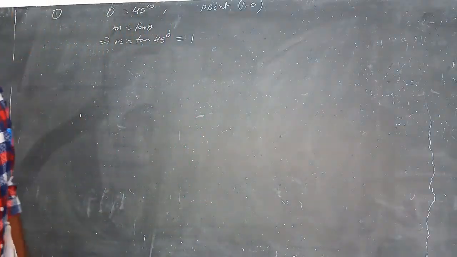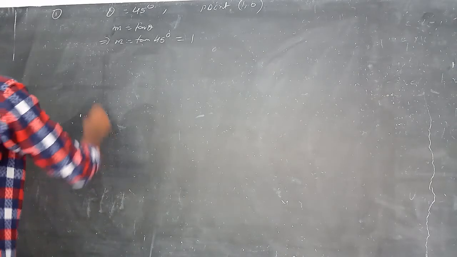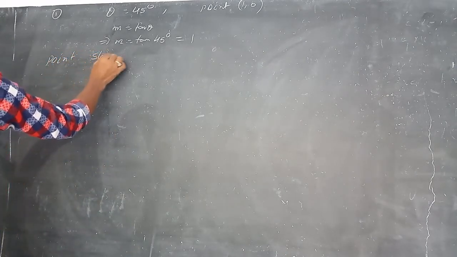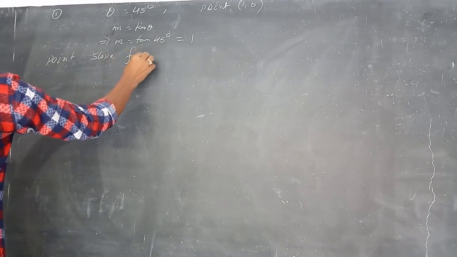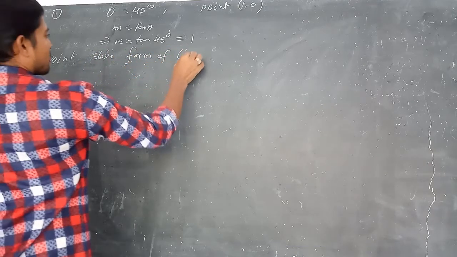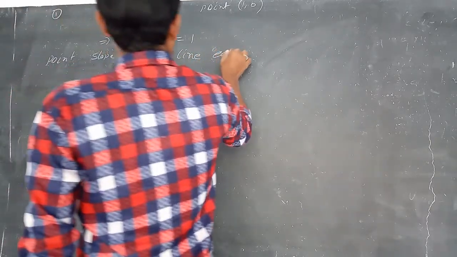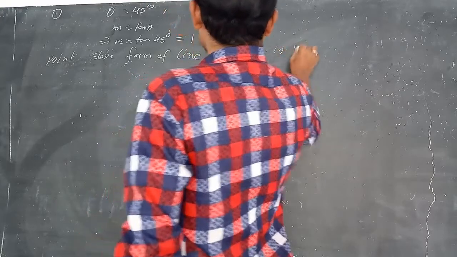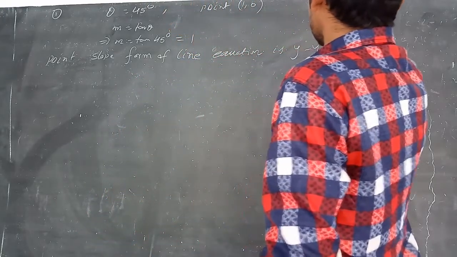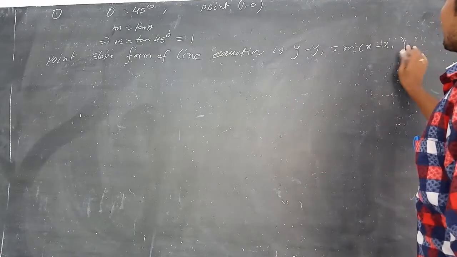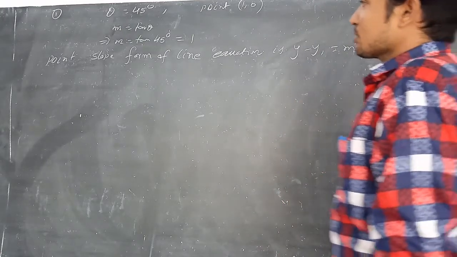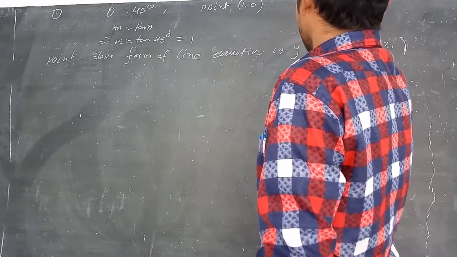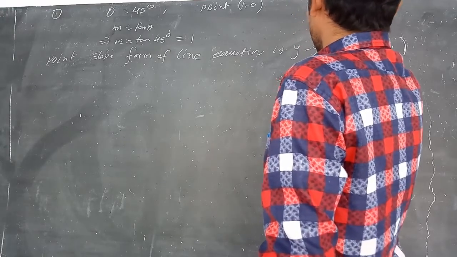Now, point slope form of a line equation is y minus y1 is equal to M into x minus x1. Clear? So, y minus 0 equal to M is 1 here, x minus 1.